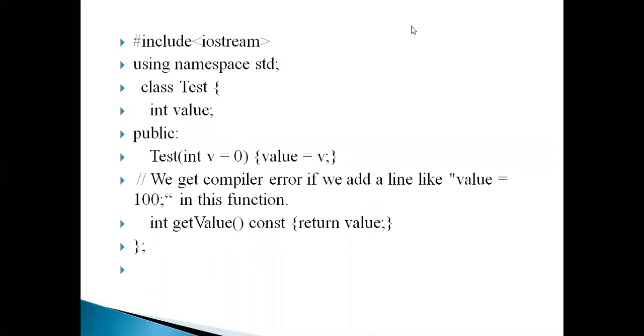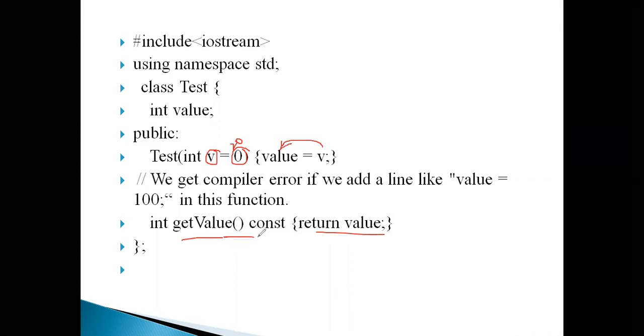Here, observe, we are assigning 0. When I specify getValue, it is going to return the value. When I create the object, at that time itself it initializes the value to v. Now the value I passed in the main program is 20, so v is 20, and that 20 is assigned to value.